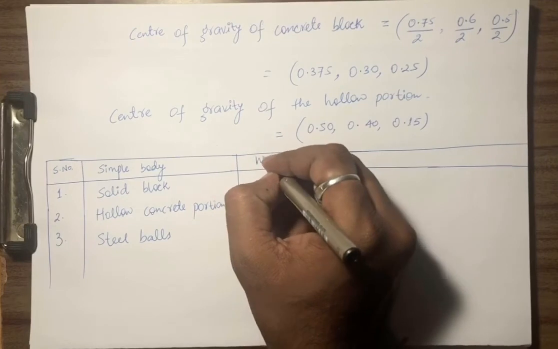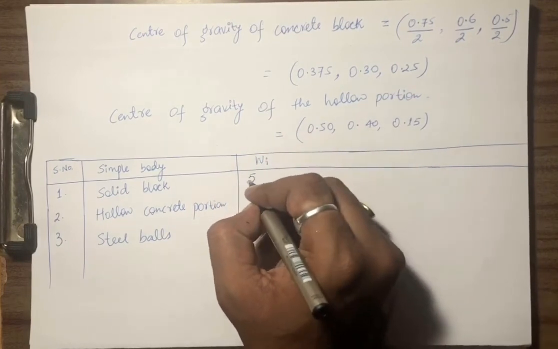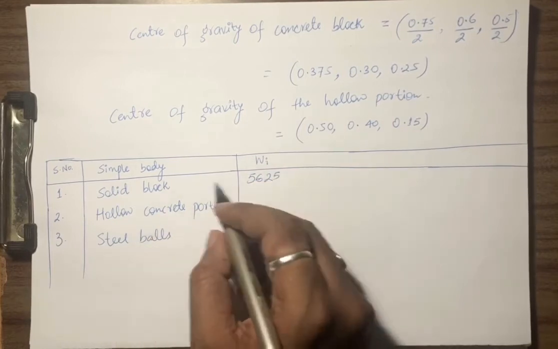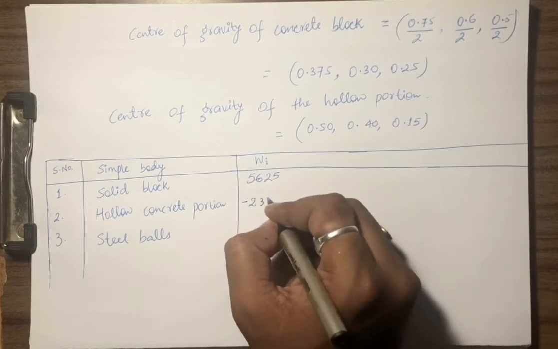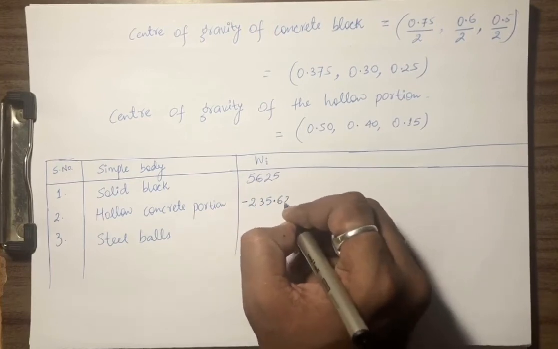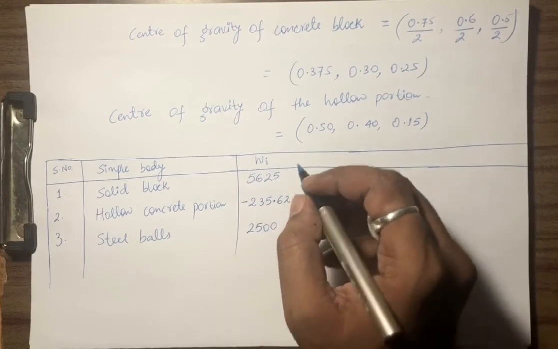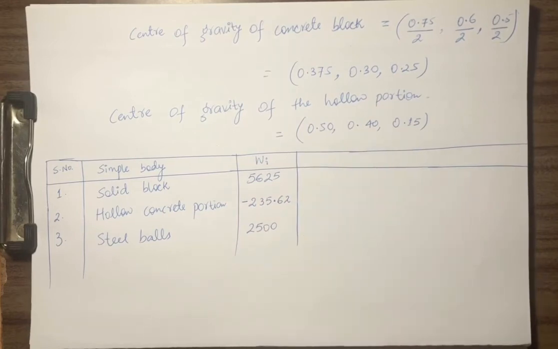So what are the weights Wi? 5625 Newton. The hollow portion we are going to reduce, 235.62, and for steel balls, already given in the question, 2500 Newton.